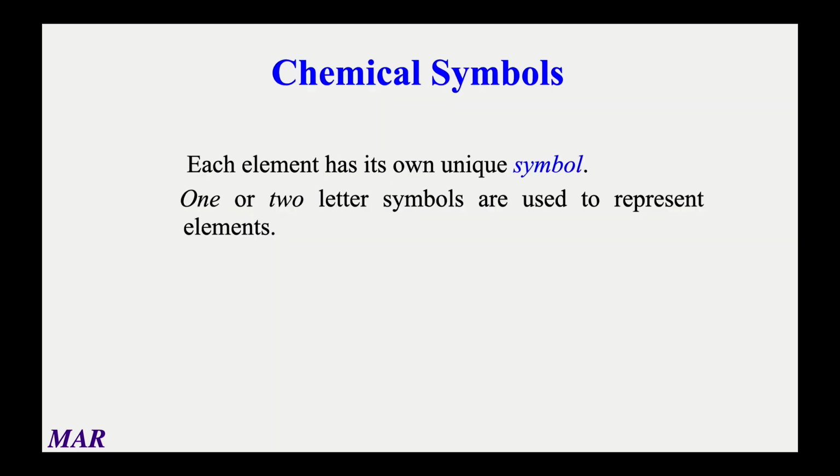When you're talking about an element, it's really a drag to write out hydrogen all the time, or tellurium, or whatever element you're talking about. So chemists use a symbol system to quickly tell each other which one it is. And all of the element symbols are 1 or 2 letters. And the first letter always is capitalized.